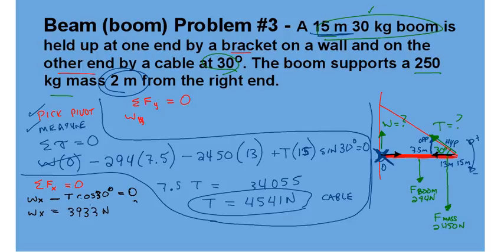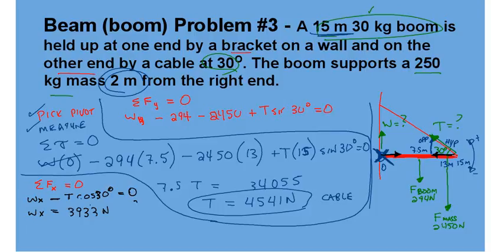That's an upward force, so we'll call it positive. The beam is a downward 294. The mass is a downward 2450. And then I've got an upward component of the tension, the y component of the tension. So there's T. I want the opposite, so I'd have to toss in a sine of 30 right there.